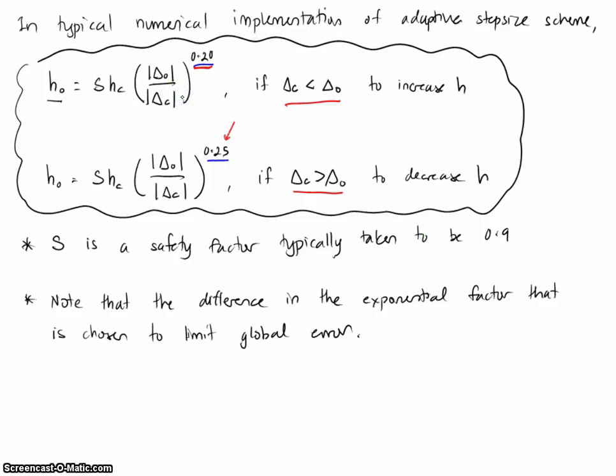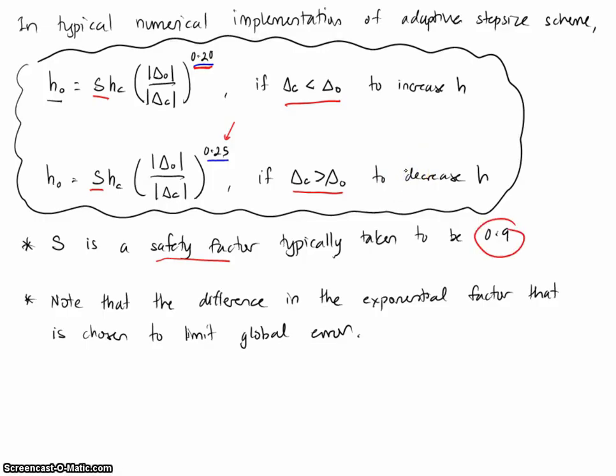So these are coefficients that people have found through various numerical experiments, and they found that doing so would actually help improve the efficiency and the accuracy of your adaptive RK4. So these are the two differences for more practical numerical implementation. The other one is there's a coefficient or factor introduced in front of here. This is what we call a safety factor, and we usually take it as 0.9.